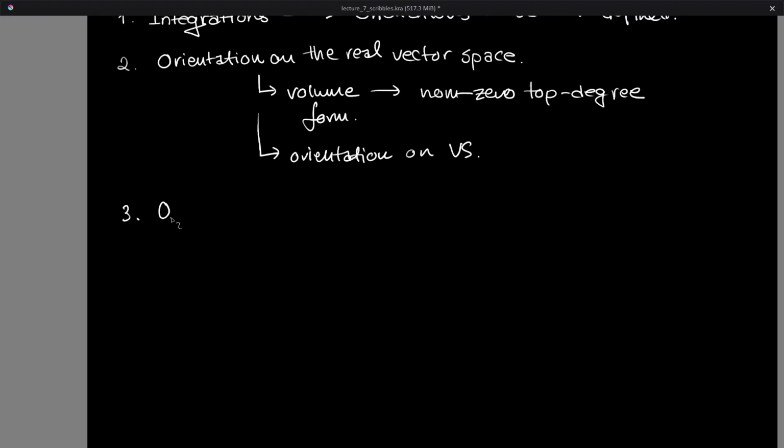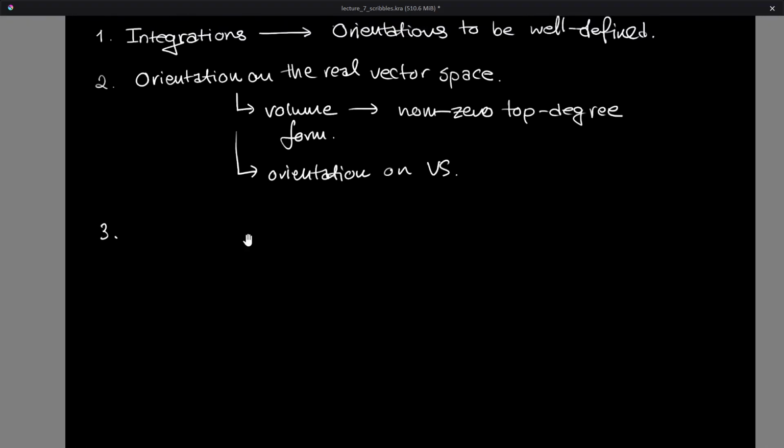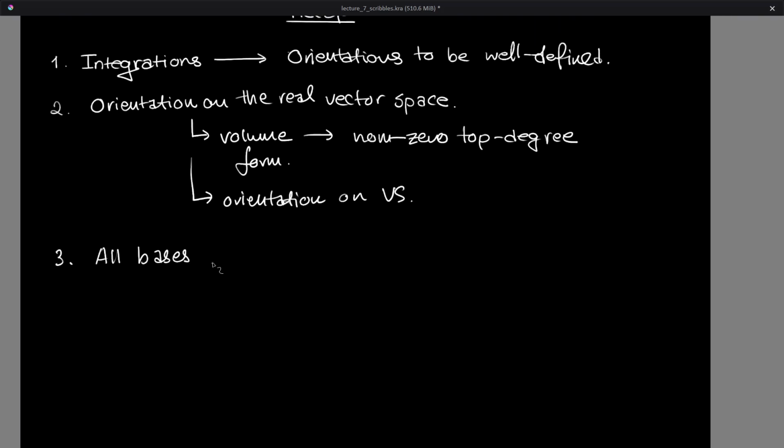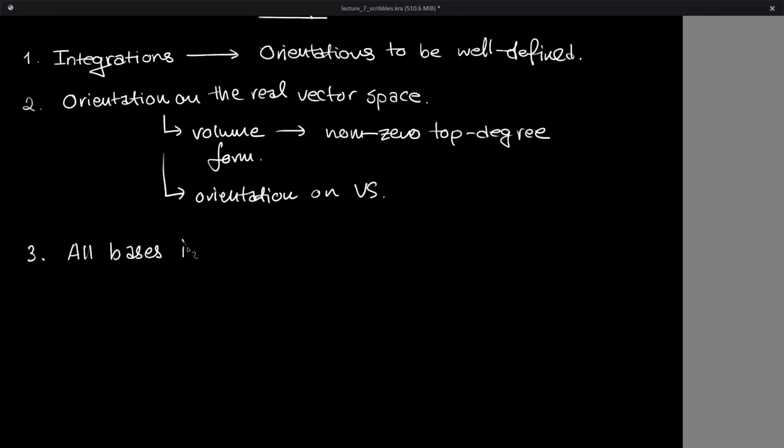Then before we defined orientation on a manifold, we also proved, maybe not so quickly, that all bases induced by J have the same orientation, because orientations are actually a function of the bases.